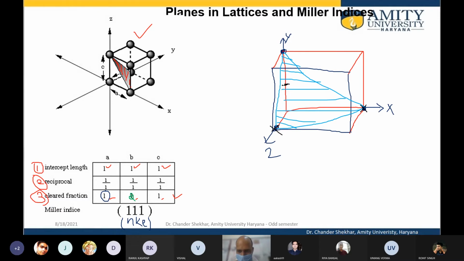So basically it intersects at a point which is half the edge length. So the plane will be something like this.